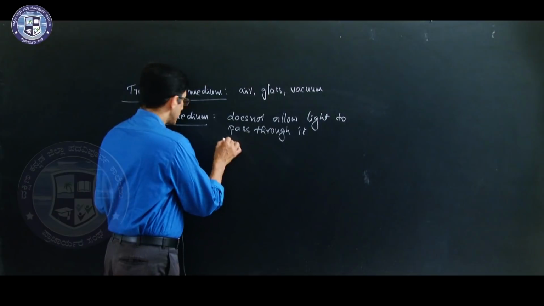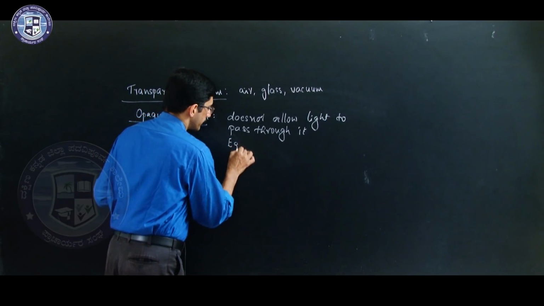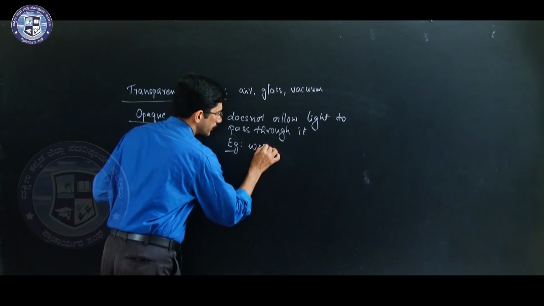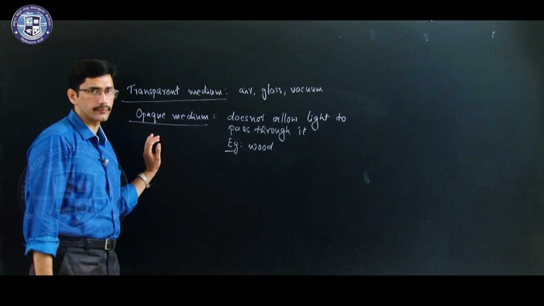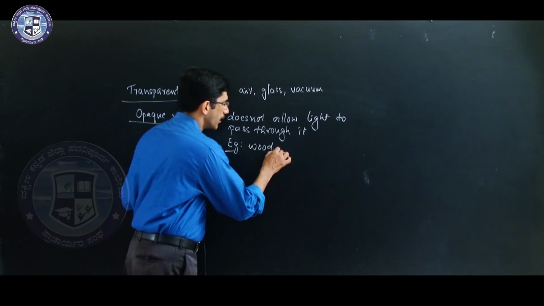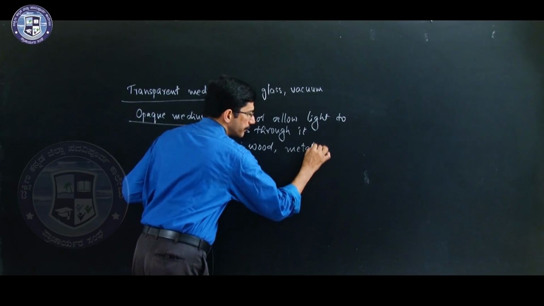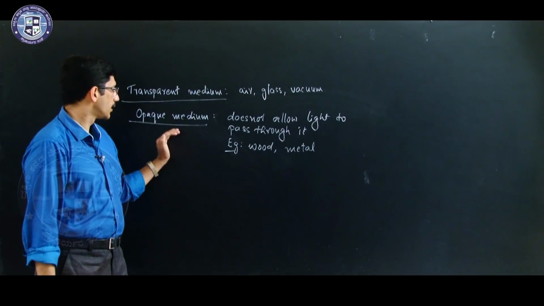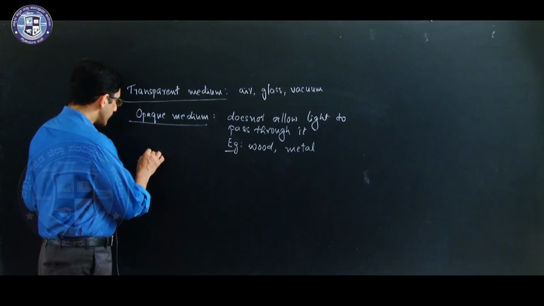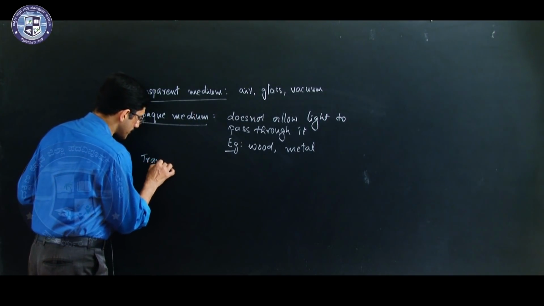An example of an opaque medium is wood, which does not allow light to pass through it, or you can consider metal. Metal also does not allow light to pass through it. Then you can consider the translucent medium.